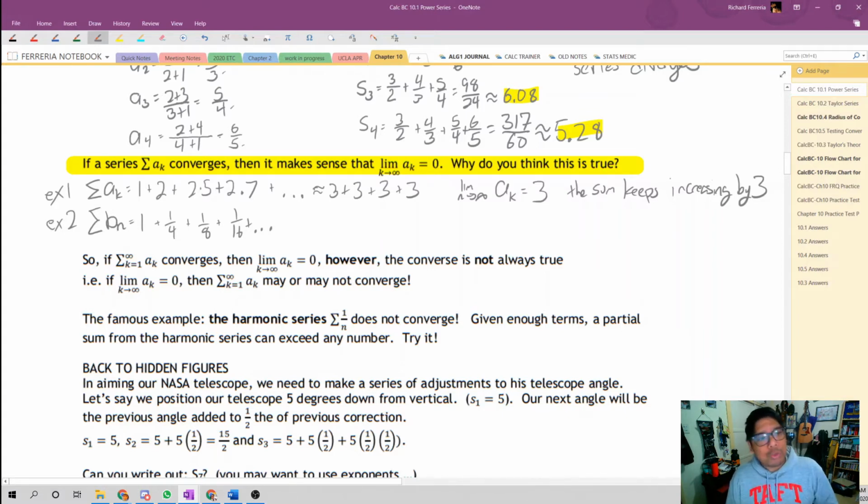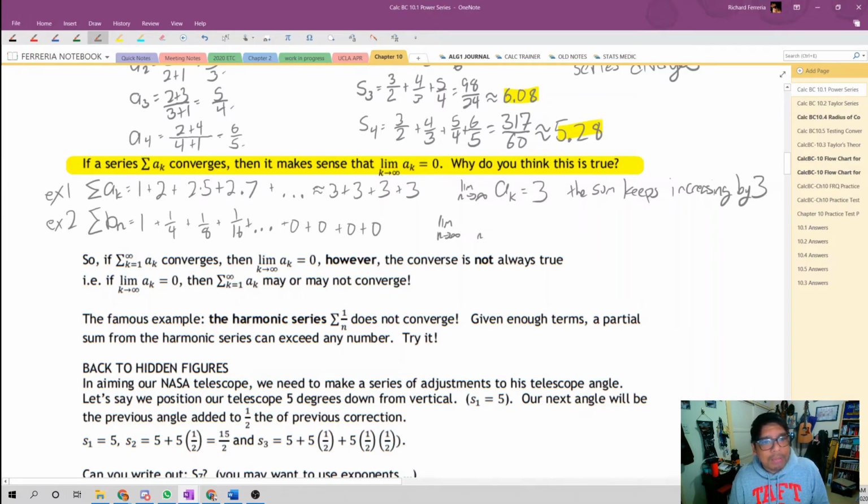So eventually, at some point, we're going to be adding numbers close to 0. Plus 0, plus 0, plus 0, plus 0. Not exactly equal to 0, but a number that's really close to 0. So what happens here is the influence of these first few terms is very strong, because as we get to the end here, we're basically adding nothing to the sum.